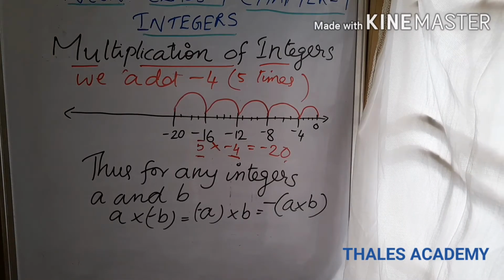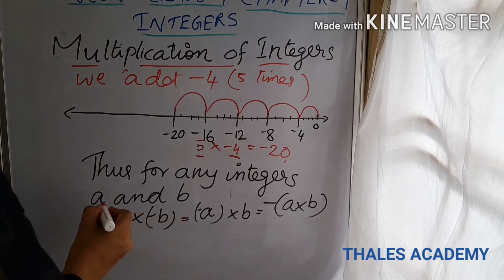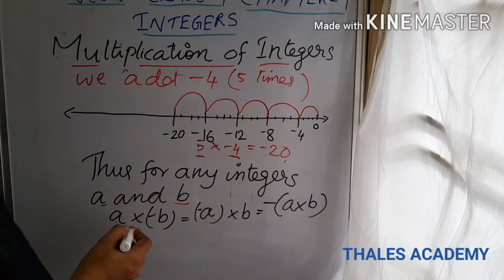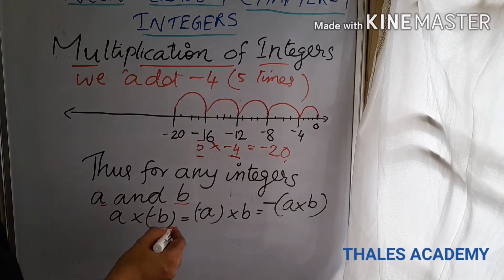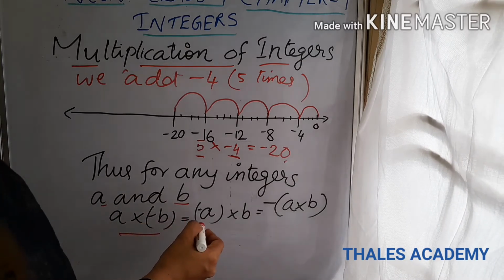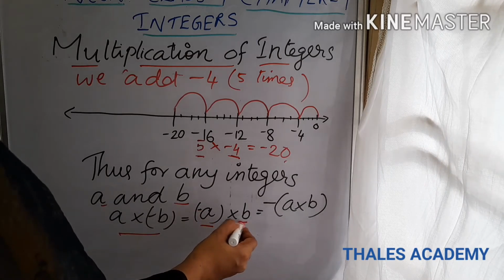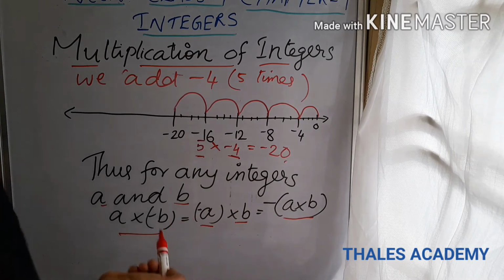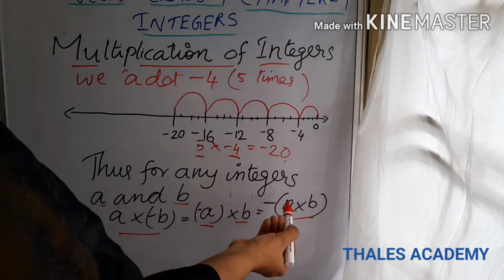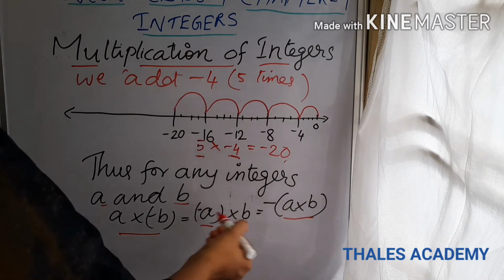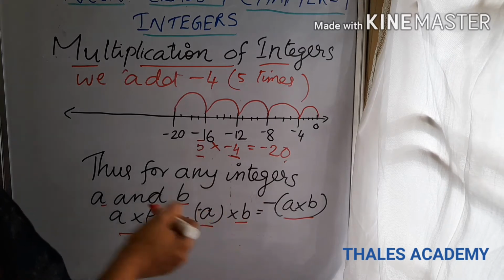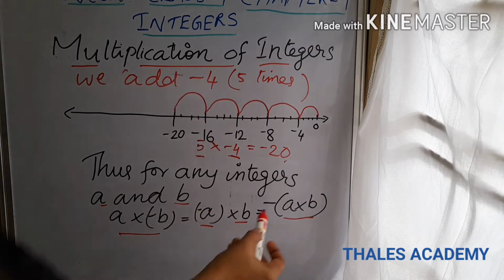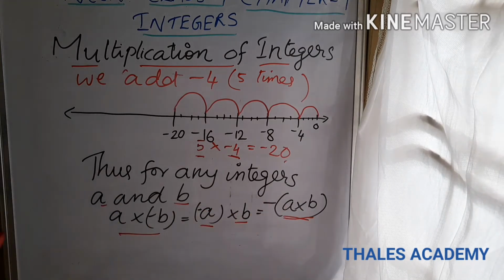Thus, for any two integers a and b, a into minus b equals minus a into b equals minus of a into b. That is, we put a negative sign to the product of these two integers.